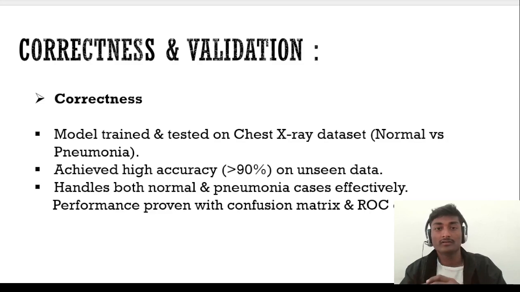We are achieving accuracy; here we have written 90, but actually our model has around 73% accuracy. It handled both normal and pneumonia cases effectively, and performance was proven with a confusion matrix and ROC curve.